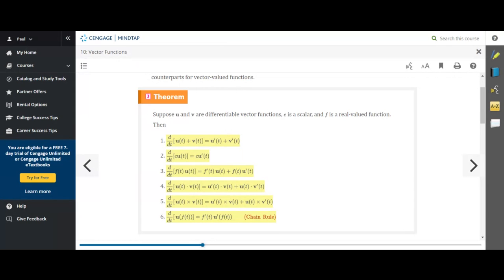Yunus says, can I explain unbolded f? So unbolded f is just some function f of t.